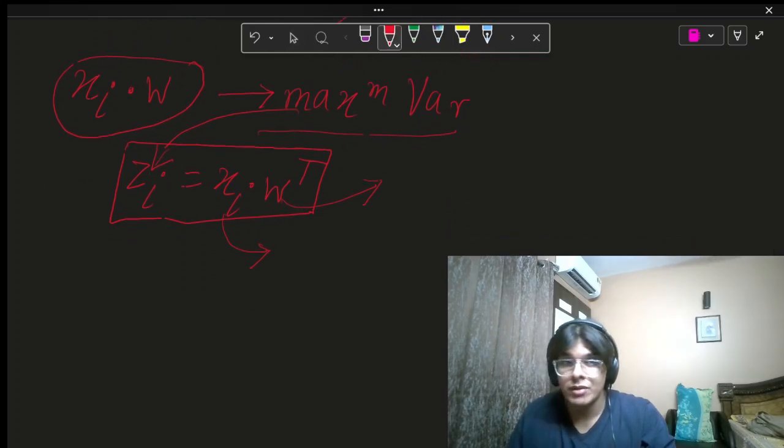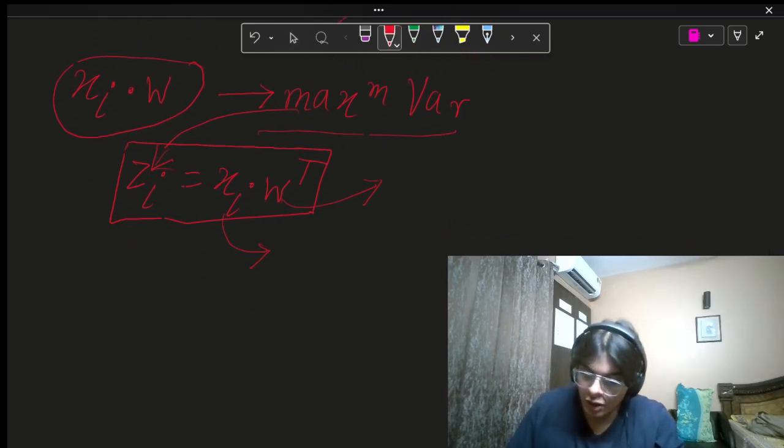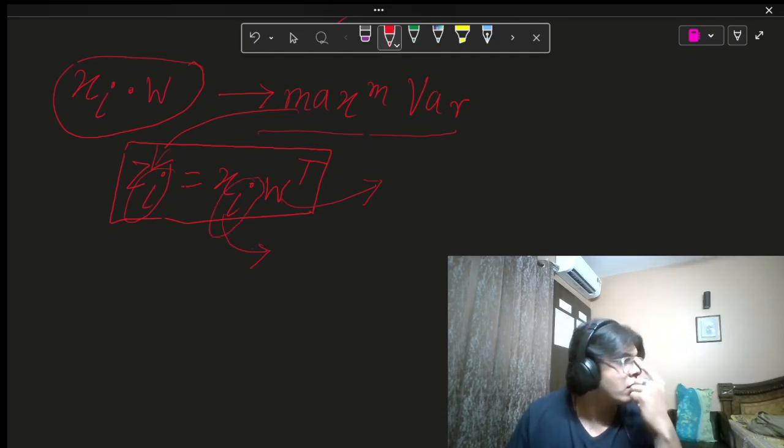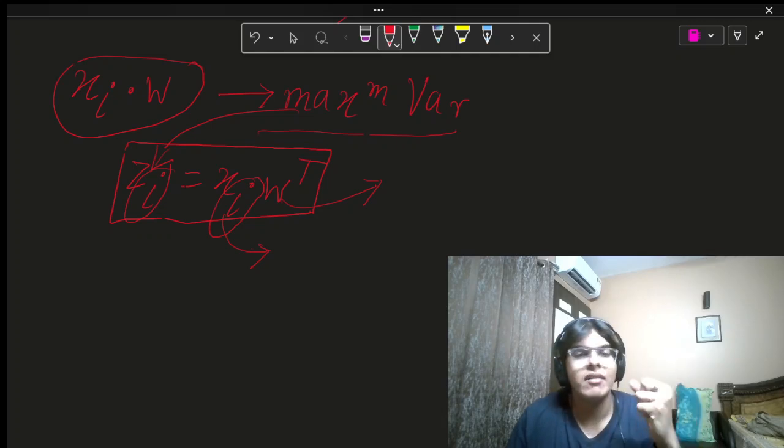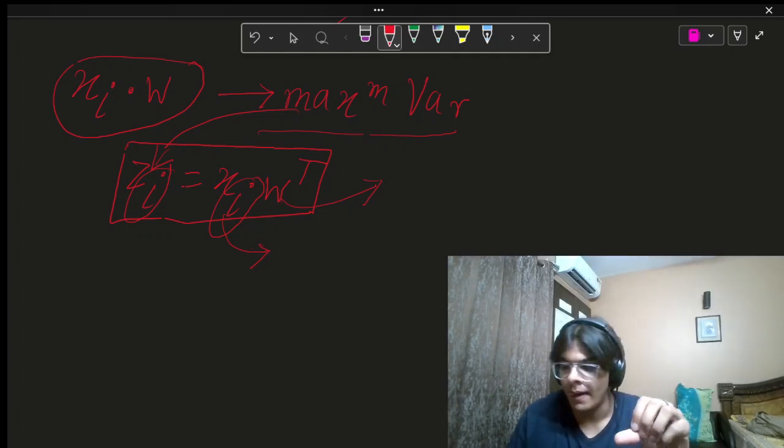Okay, now very simple. This is for each individual point, right? This is still z of i. This is not a total result. This is for each individual point. So how do I sort of collectivize it? How do I get it for all the values? Nothing. Take the summation.